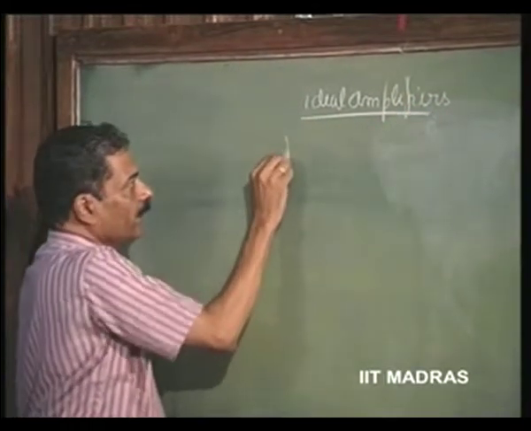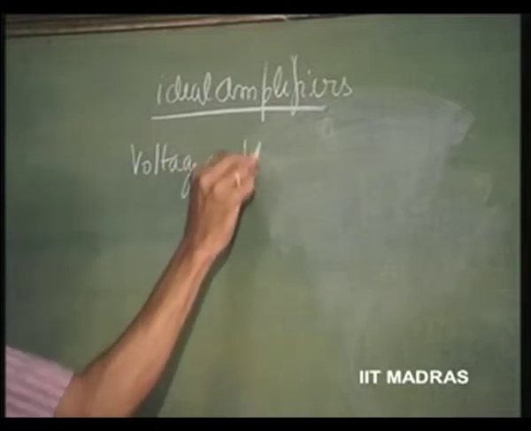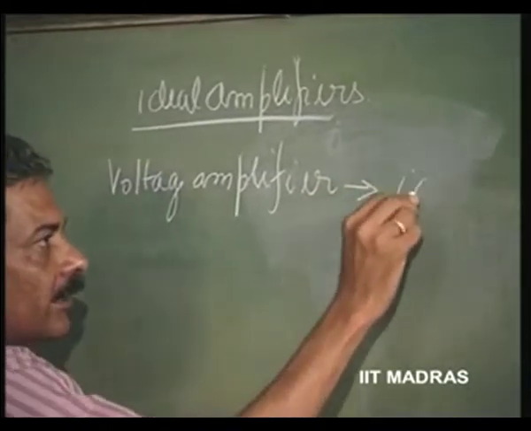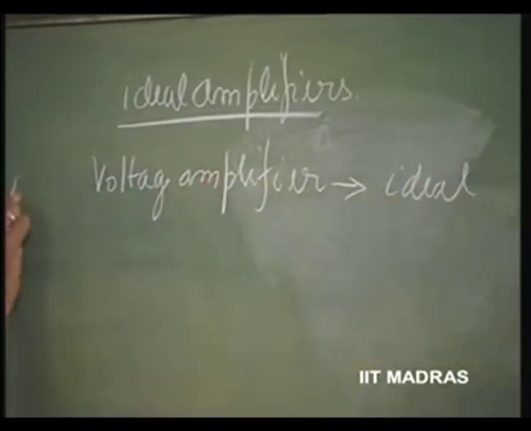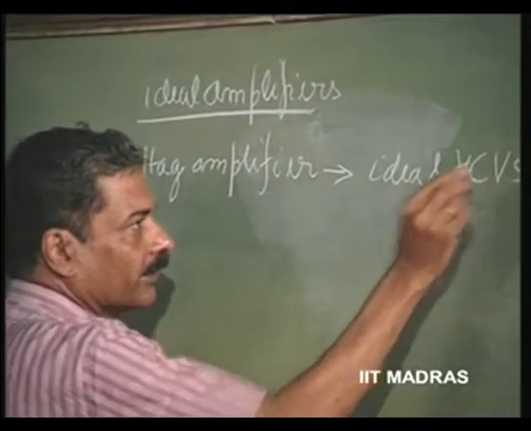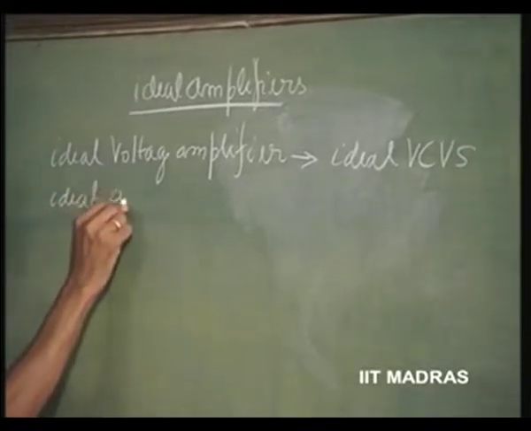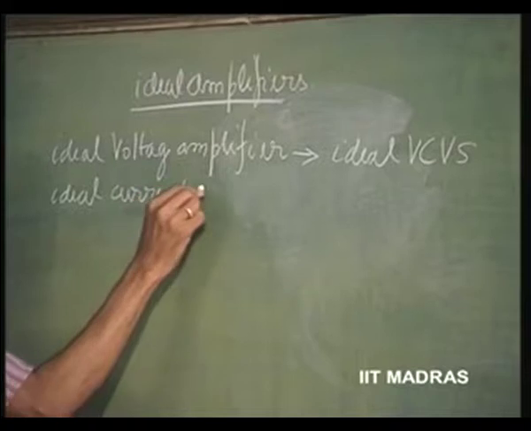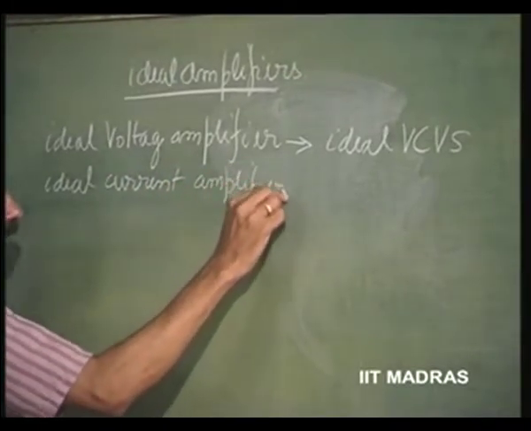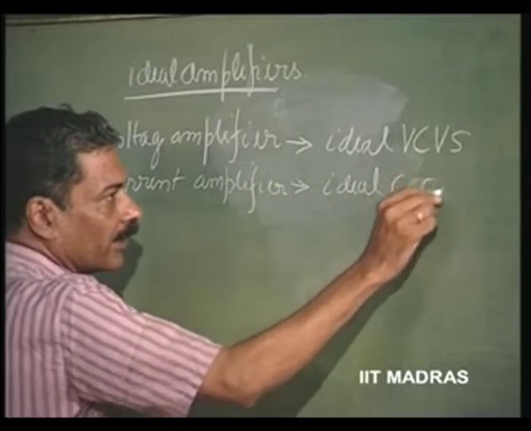We discussed the voltage amplifier, which was an ideal voltage controlled voltage source. We discussed the ideal current amplifier, which was an ideal current controlled current source.